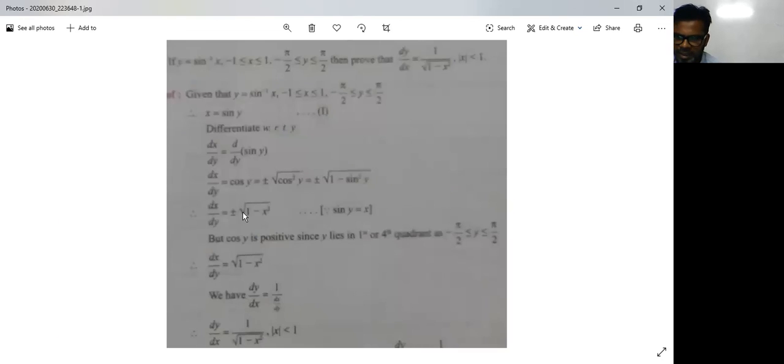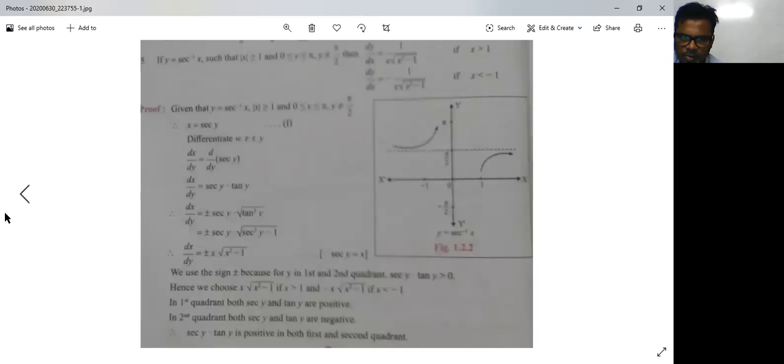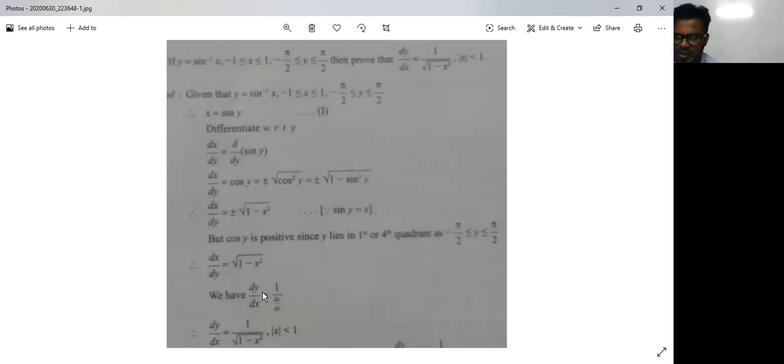Now you have to prove how sin inverse gives this value, that is 1/√(1 minus x square). So y is equal to sin inverse x, right? Now x is equal to sin y. Differentiate: dx by dy, the derivative of sin y is cos y.